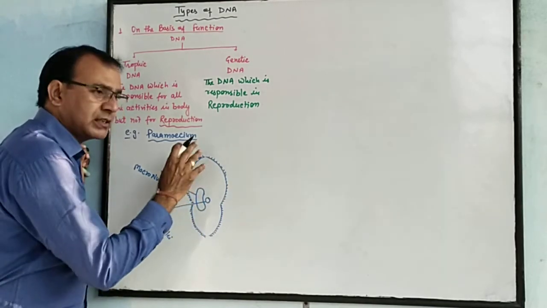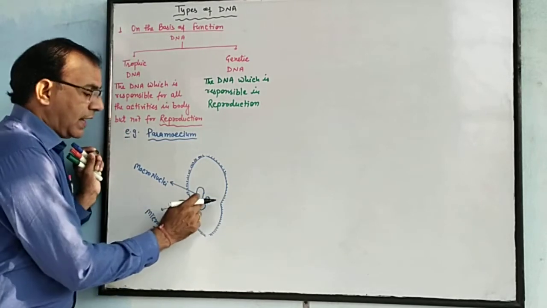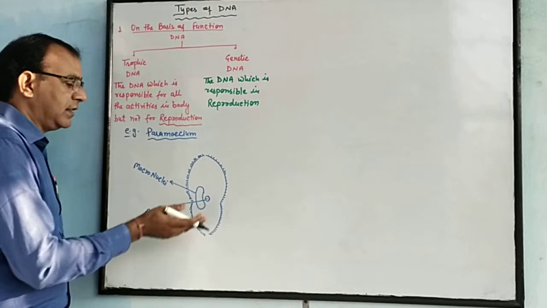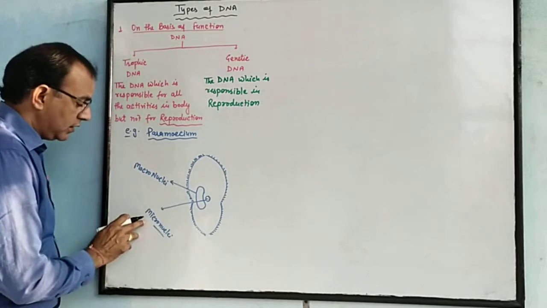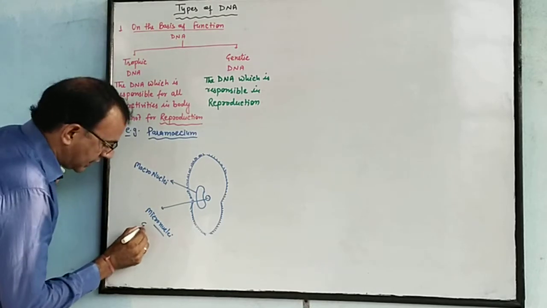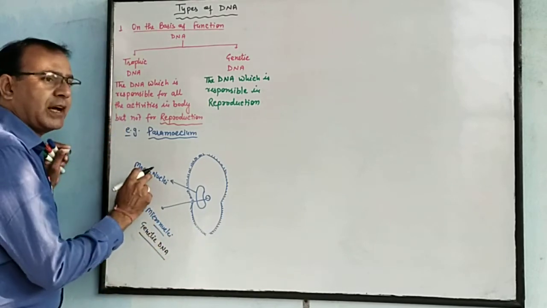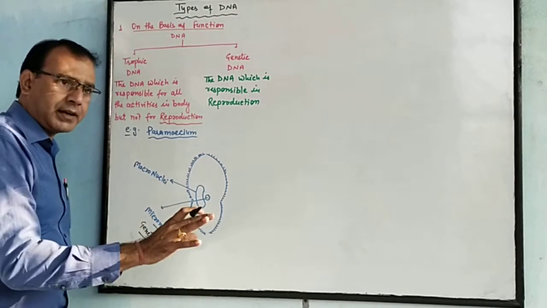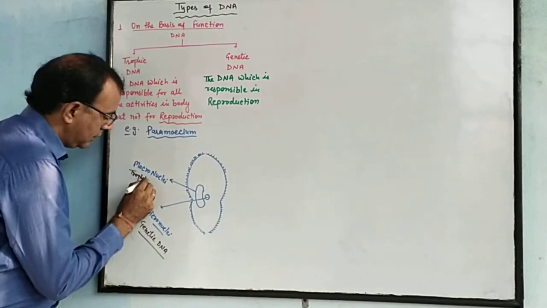It dissipates into the cytoplasm of the paramecium and doesn't take part in reproduction. But the small nucleus divides into two parts and goes into the two new organisms. So the micronucleus takes part in reproduction and acts as genetic DNA, whereas the macronucleus is called trophic DNA.